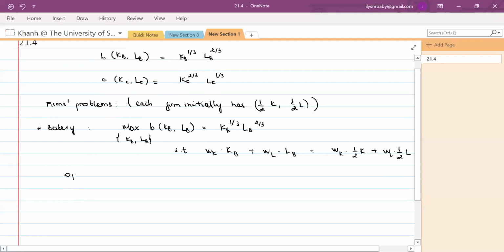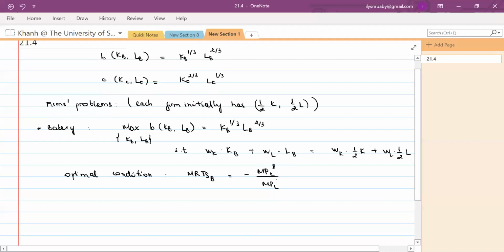So the optimal condition is basically where the marginal rate of technical substitution for the bakery is equal to the negative of the marginal product of capital divided by the marginal product of labor, or marginal product of labor divided by marginal product of capital. That is fine.